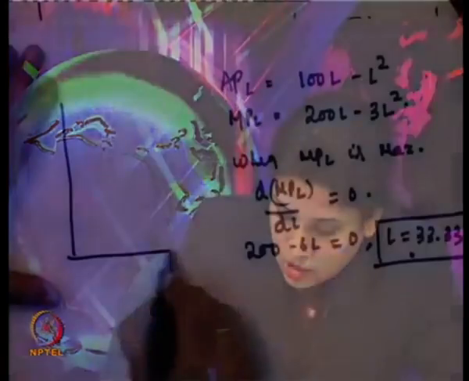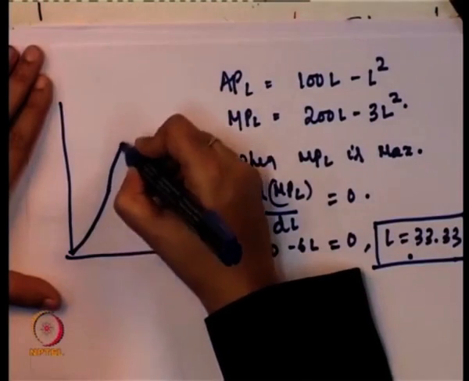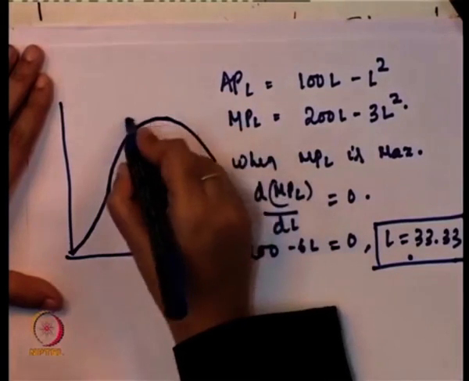If you remember your three stages of production function, like how the total product curve looks. Initially it is convex, then it is concave, and then it is decreasing.